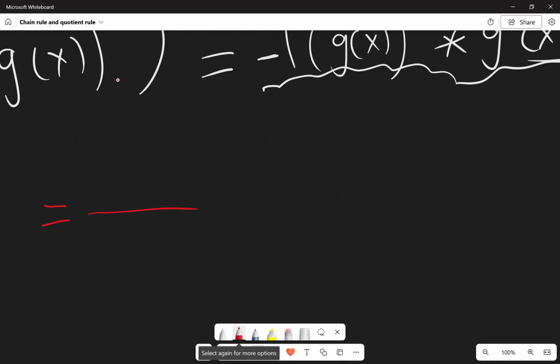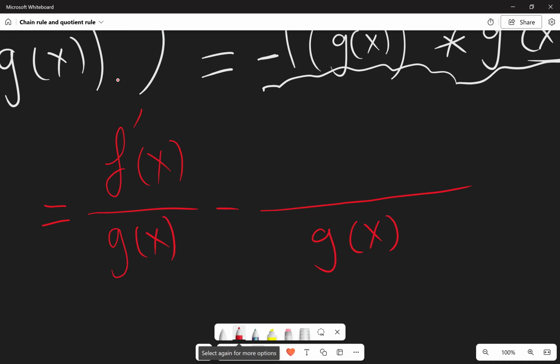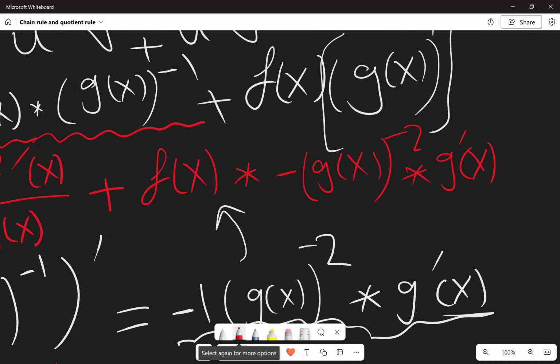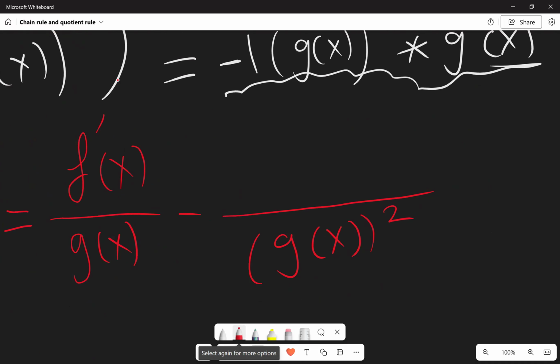So we have here f dash of x divided by g of x, minus g of x to the power 2, and here, as we derived, we have f of x times g dash of x.